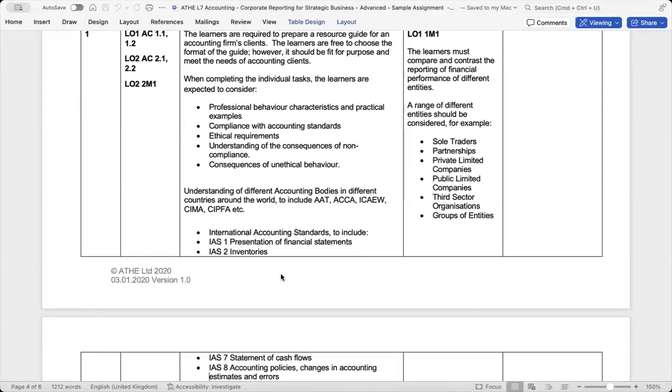Ethical requirements of corporate reporting: analyzing ethical requirements in corporate reporting, including transparency, fairness, and accountability. Application of the financial reporting framework: assessment of the key components of the financial reporting framework and its relevance.